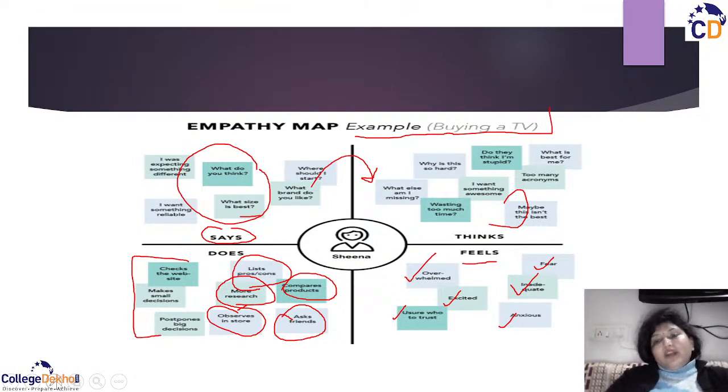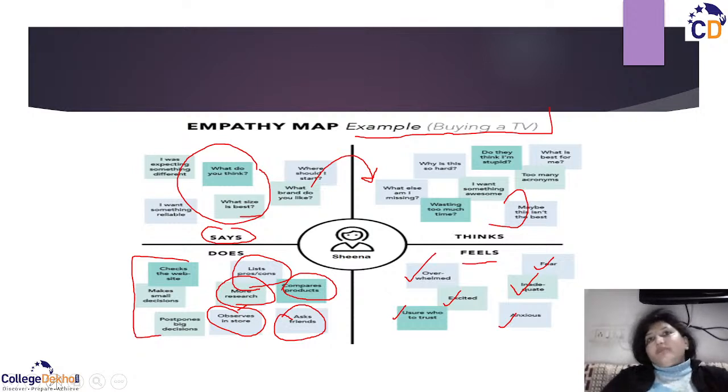So I hope you have understood how the design thinking framework is used for solving a particular problem, right? What are the different steps? First is empathize, where you put yourself into someone else's condition. Second, you have to define it. What is the problem?